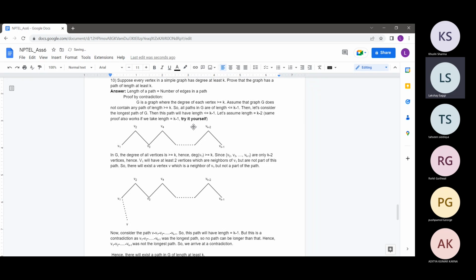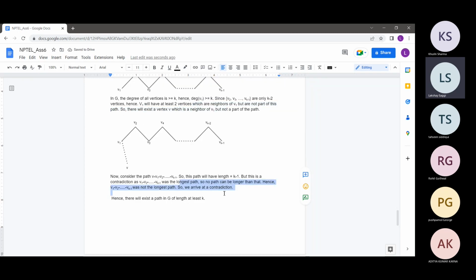First of all, it will give you a better understanding of this solution, and also give you some practice on how to prove this sort of stuff. So I'll encourage you guys to prove this if we take length equal to k minus 1. The same proof will work; you just have to verify the claims. Why will those claims hold when we take k minus 1 also?